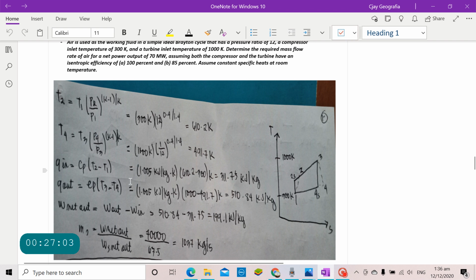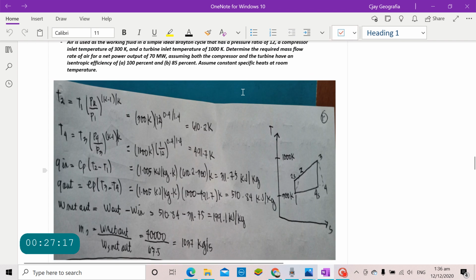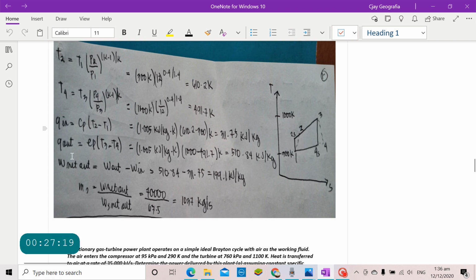You can see it in another table too. I'm sorry, I did not put the values here, but you can search and you will find the value for Cp. Then manipulate, put the values inside, and you will get the answer.